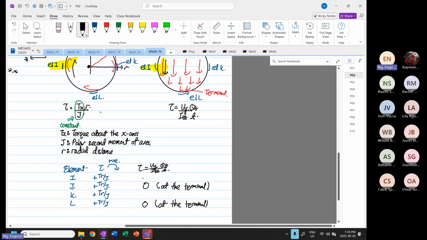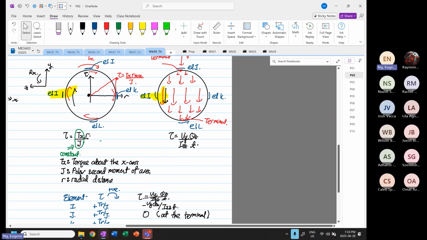When this is the case, we will have minus Vy Qz over Izz divided by T. Which direction is positive or negative does not matter. For this case, I declare clockwise as positive, and I declare downwards as negative, because it is opposing our shear stress due to the torque.